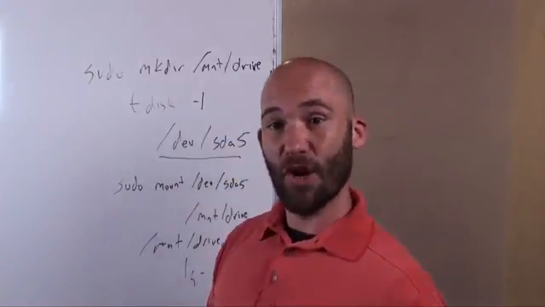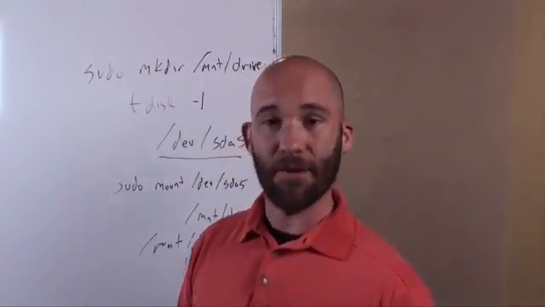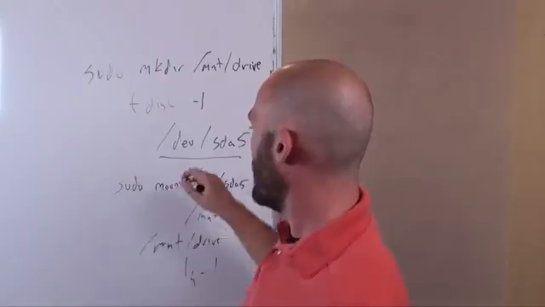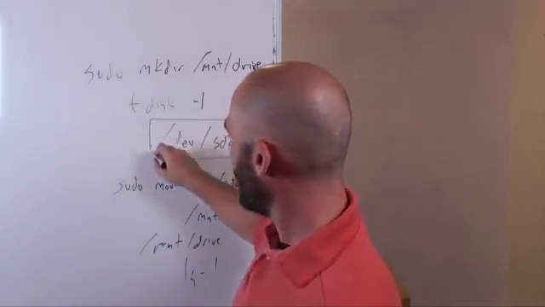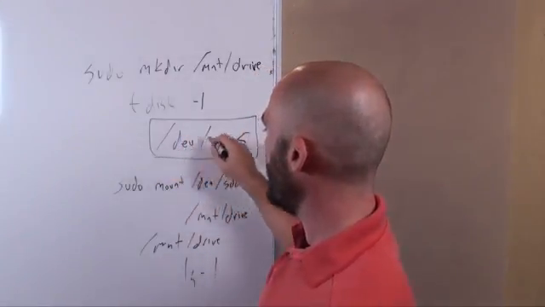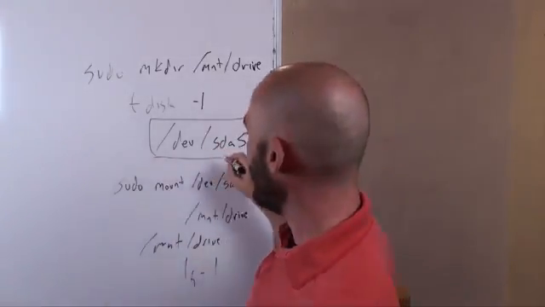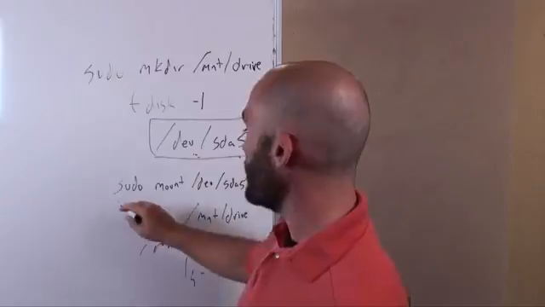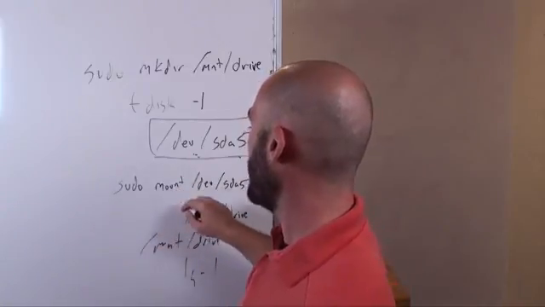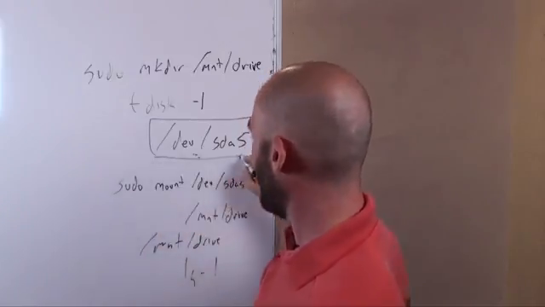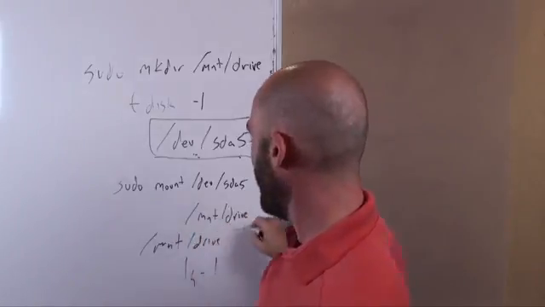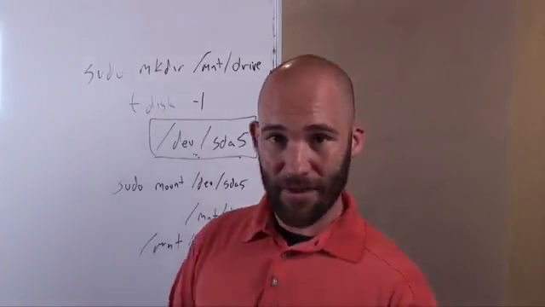So this will list the physical hard drives that are connected to the computer and information about them. You're going to grab a piece of information that looks like this, /dev/sda5. Then to mount this hard drive to this folder, you just do sudo mount, this information, this information, and that's what mounts everything together.